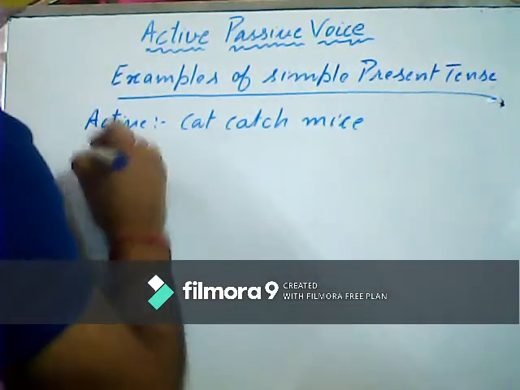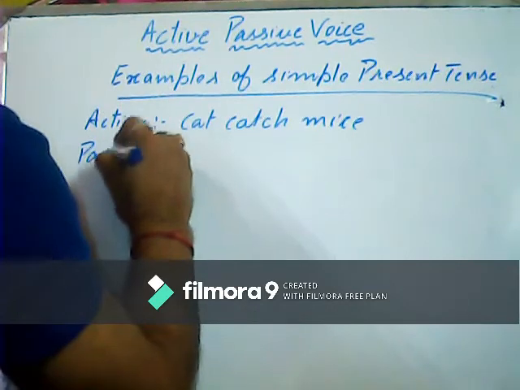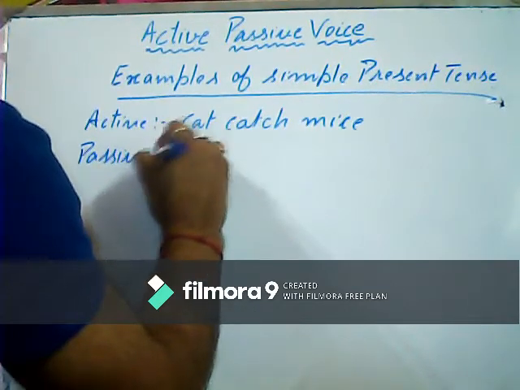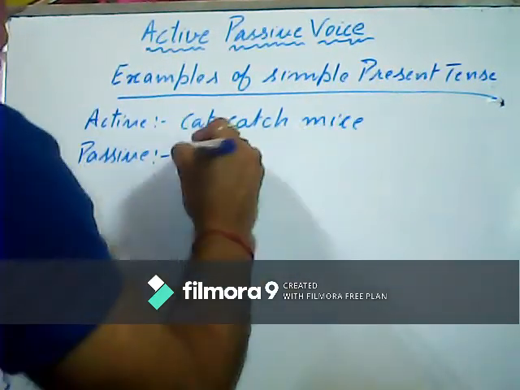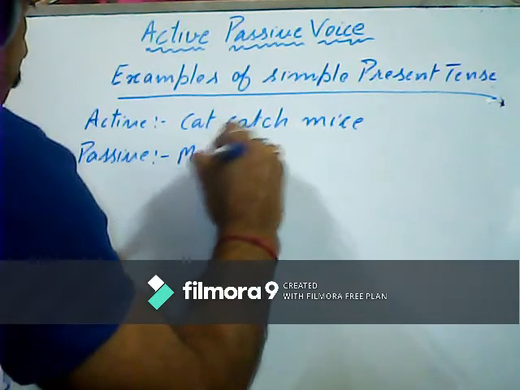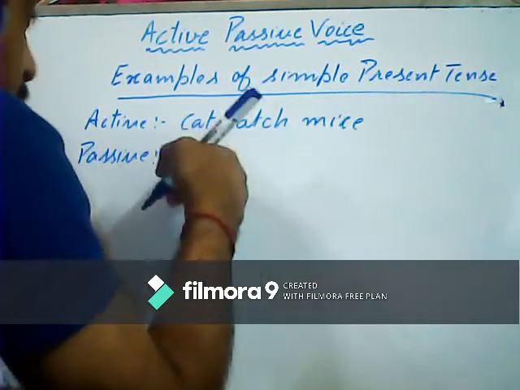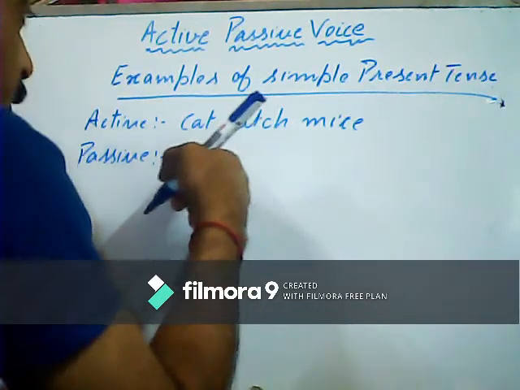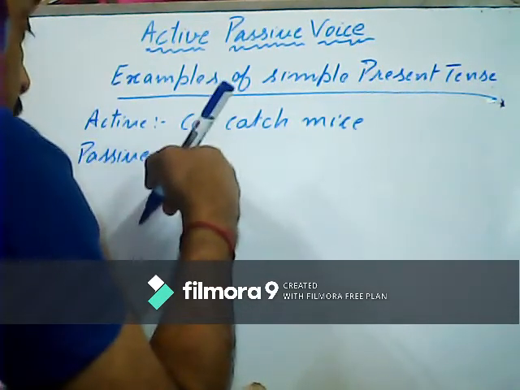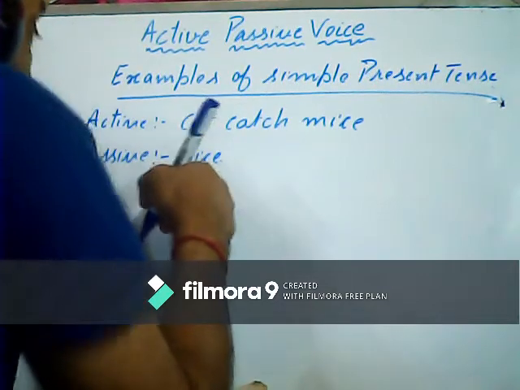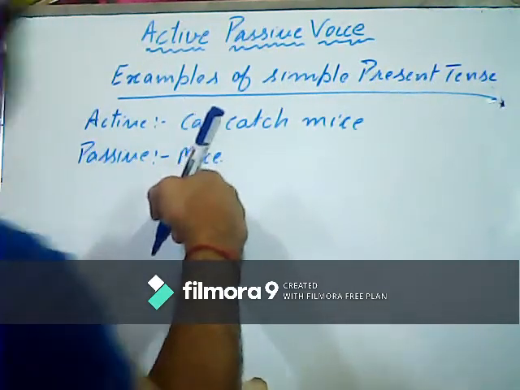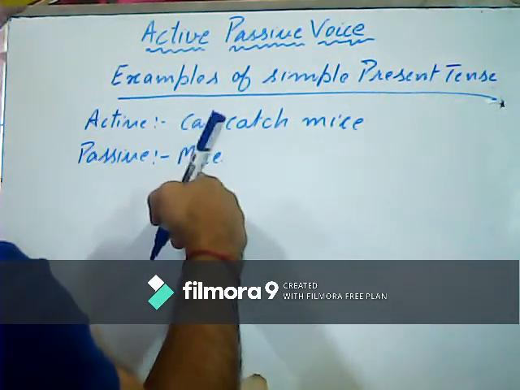Now when we change into passive, now this mice will come here. Because cat was singular but mice is the plural form of mouse, we'll use the helping verb according to the plural form of the new subject, that is mice.